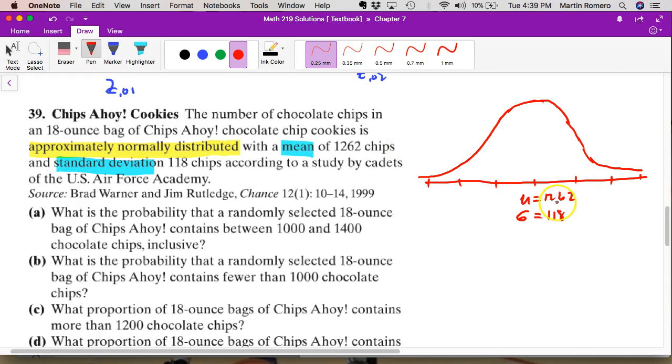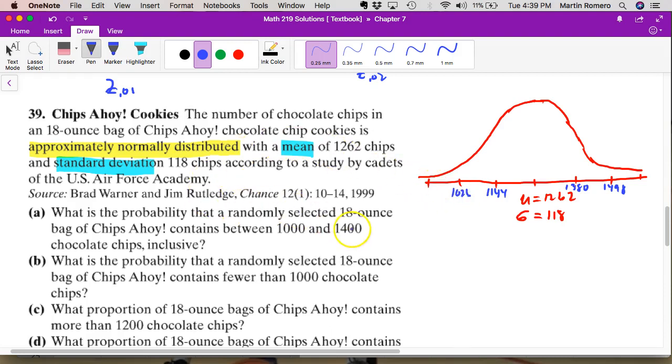Add 118 to the mean, so that's 1380. This point here will be 1498. And if we go backwards, that's going to be 1144, and then go back another 118, so that would be 1026.